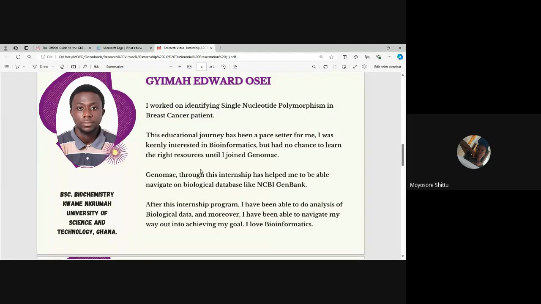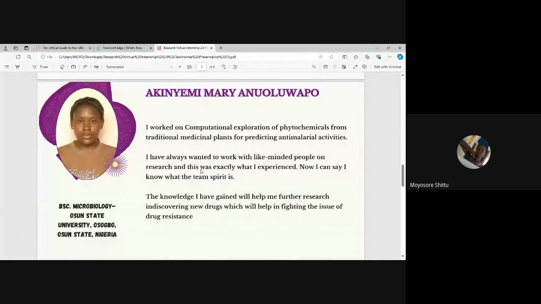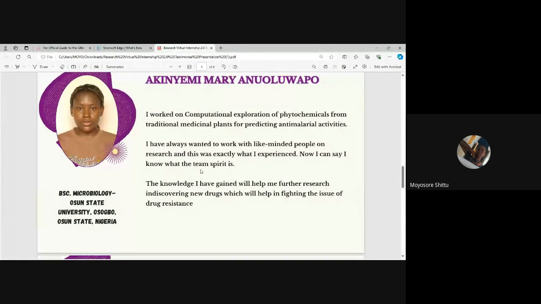I love bioinformatics. That's from Mr. Gima. We have another one from Ms. Akinyemi Mary Anoluako, a graduate from the University of Osun State in Nigeria. She graduated with a BSc in microbiology. I worked in computational exploration of phytochemicals from traditional medicinal plants for predicting anti-malaria activities.